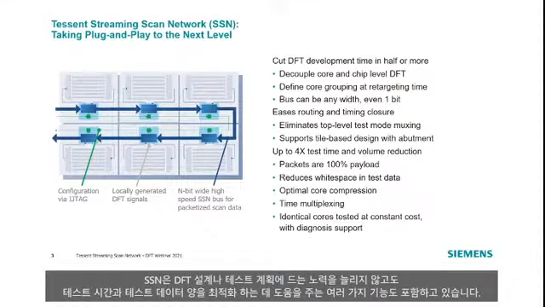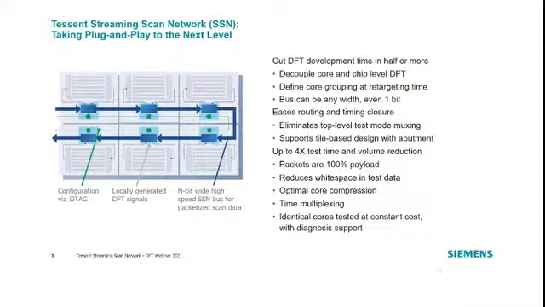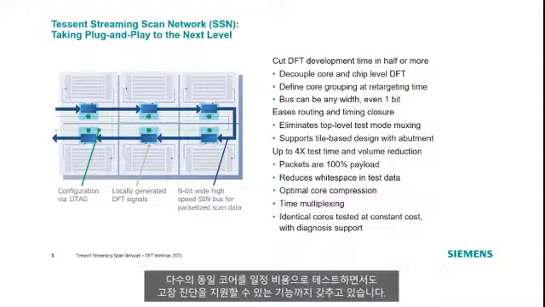SSN also contains many capabilities that help optimize test time and test data volume without having to increase the DFT or planning effort. SSN has capabilities to automatically tune how much data is sent to each core to help reduce the white space in the test data, and also has a capability to test multiple identical cores at constant cost while still having diagnosis support.